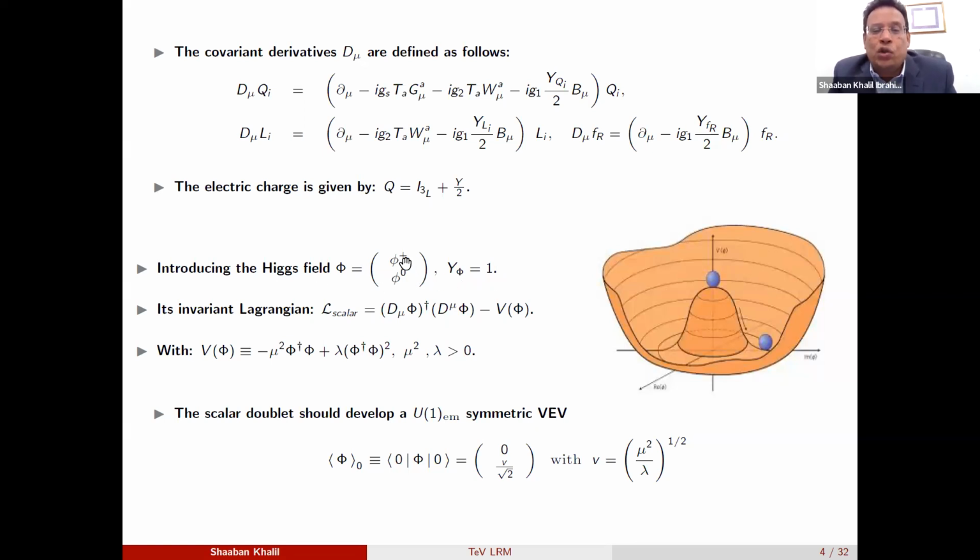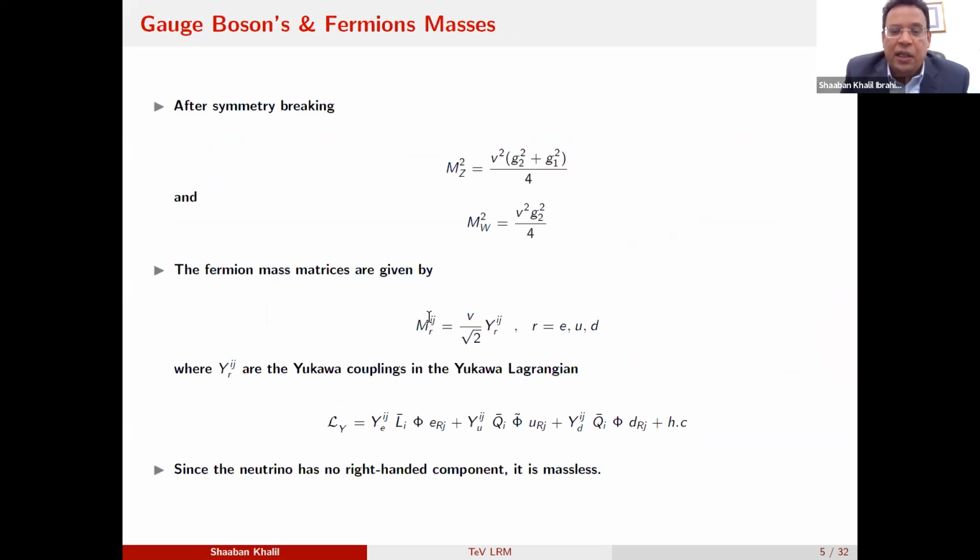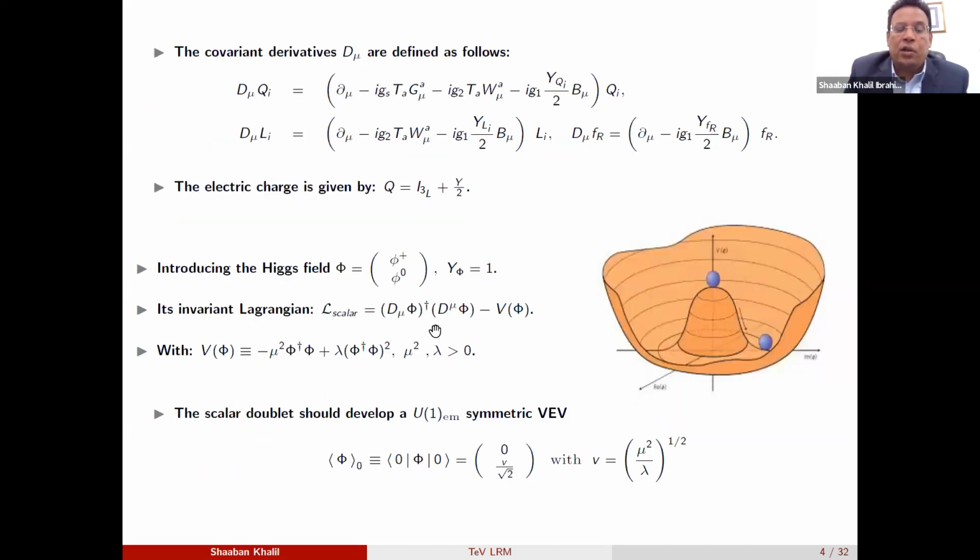So for that reason, we choose it in this way, phi plus and phi 0 as components, with hypercharge 1. And then, as in any scalar field theory, you will have the Lagrangian of the scalar field, with a kinetic term whose covariant derivative depends on the interactions of the phi field.